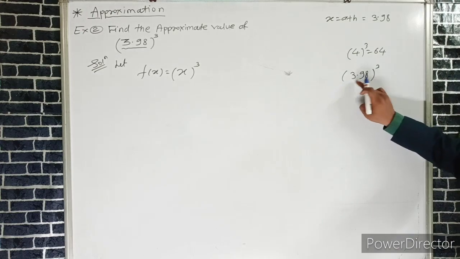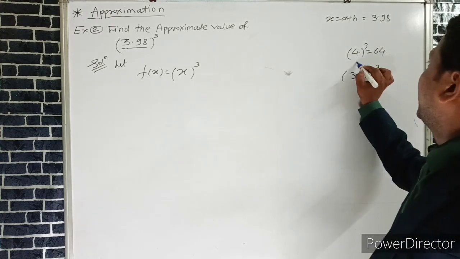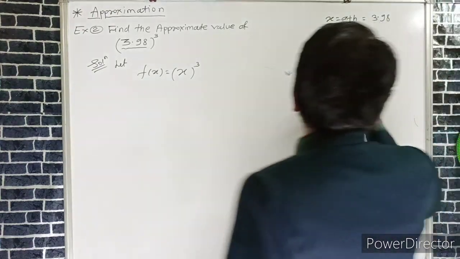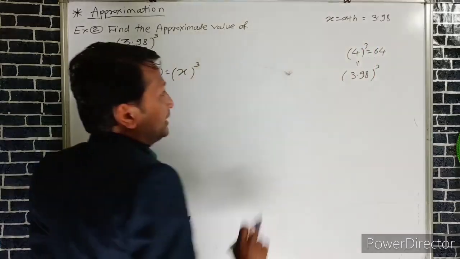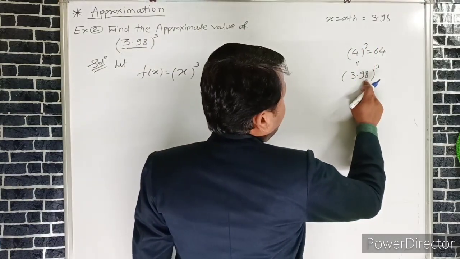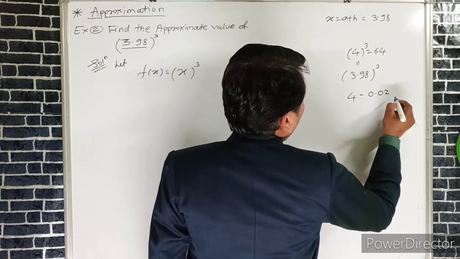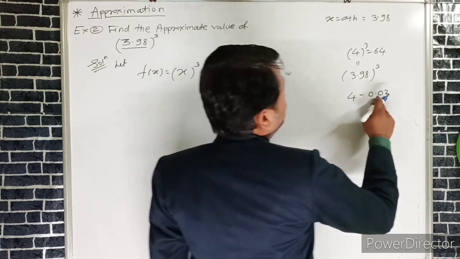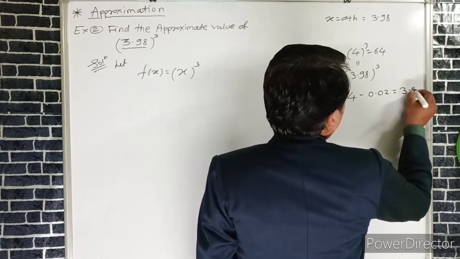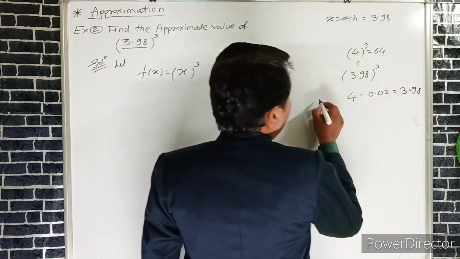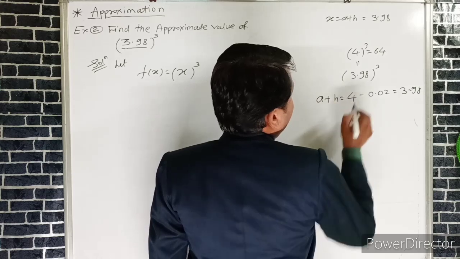The distance between 3.98 and 4 is very small. Hence, if we write this 3.98 in the form of 4 minus 0.02, the value of 4 minus 0.02, which is 3.98, we can consider as the value of x or a plus h.